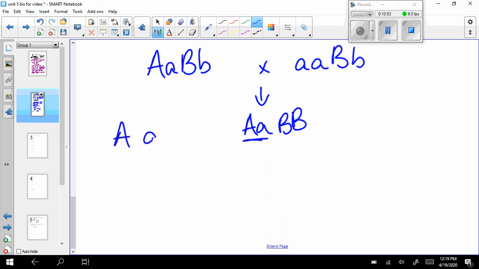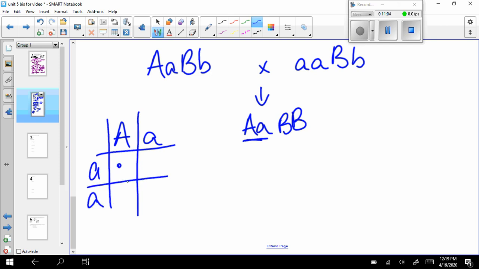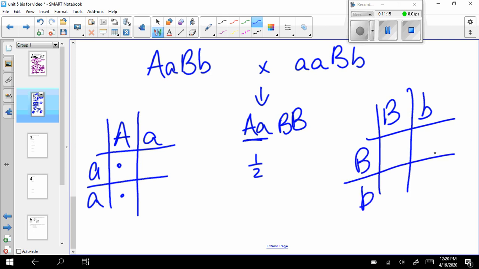If I did this cross, I would figure out that 1/2 of the time you would get big A, little a. And then I could do the B one separately, and I would figure out 1/4 of the time you would get big B, big B. So 1/2 times 1/4 tells me the chance of that is 1/8. So it's another way of using that law of probability instead of doing out a gigantic cross.